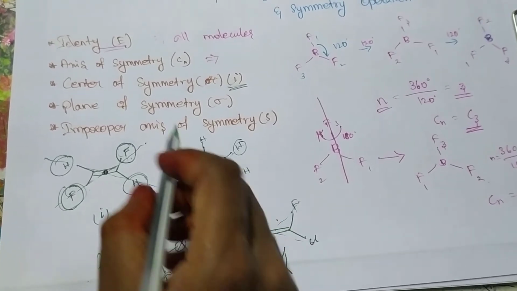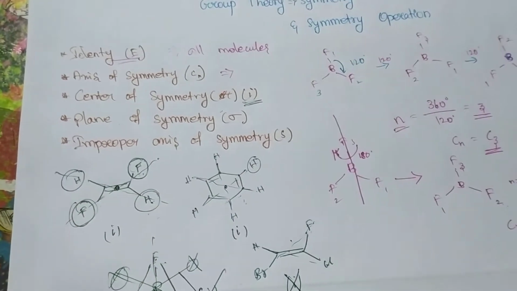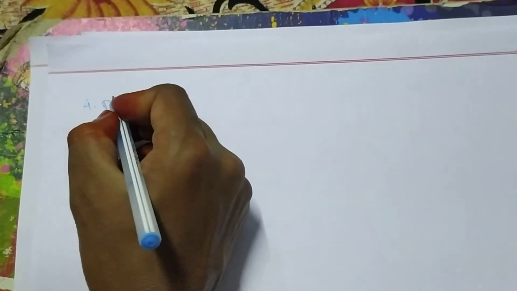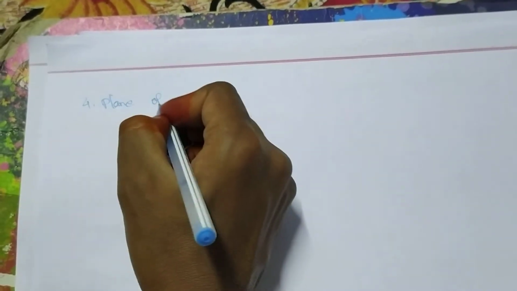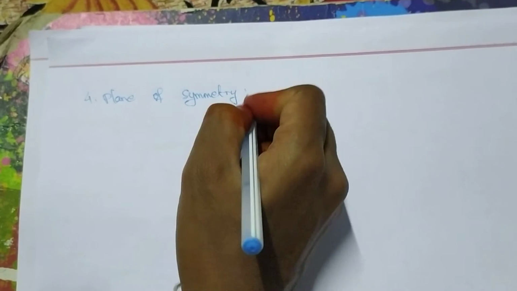Now we take plane of symmetry. What is plane of symmetry? There are two types of planes of symmetry.